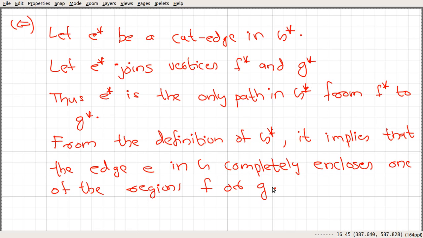And that says E is a loop in graph G, and that's the proof.